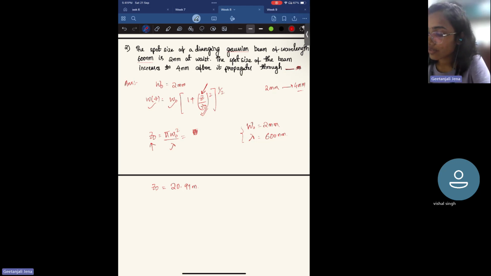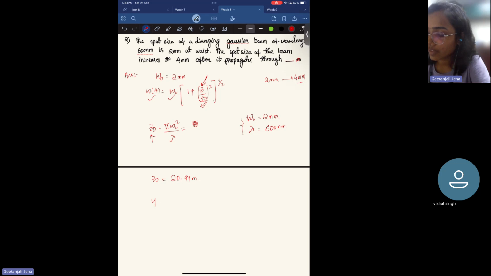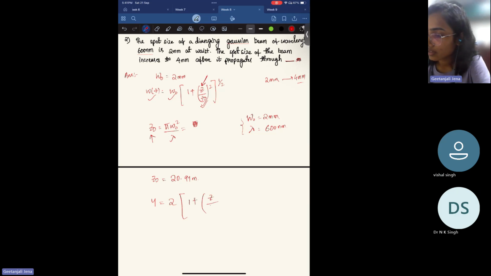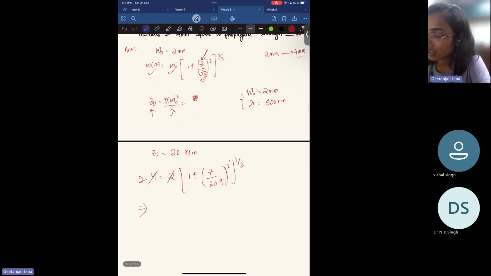So now you already know the value of z0. So you simply have to put it in the final expression. W is given, 4 is 2 times square root of 1 plus (z by 20.94) whole square. If you square it on both sides, it will become 4 equals 1 plus (z by 20.94) whole square.